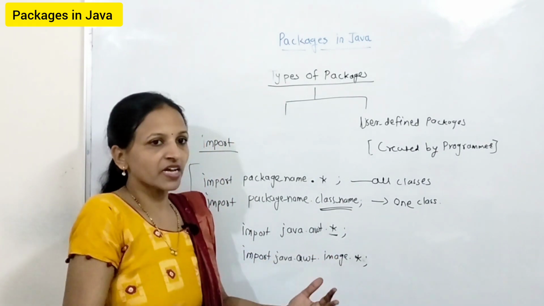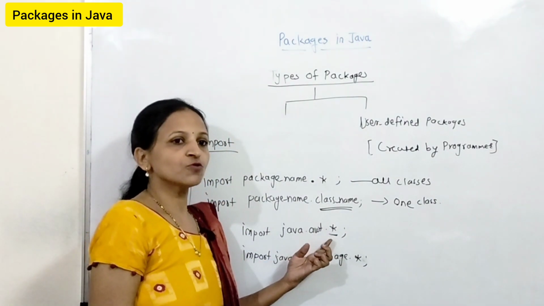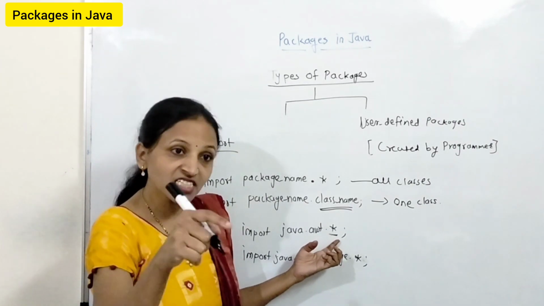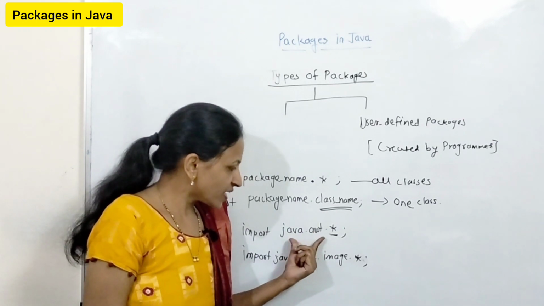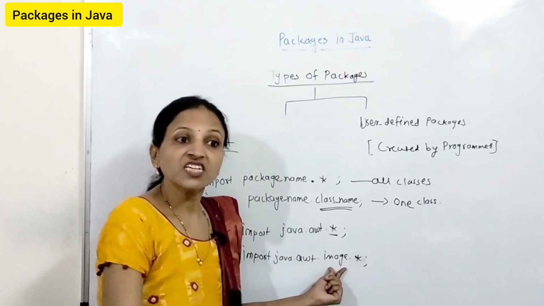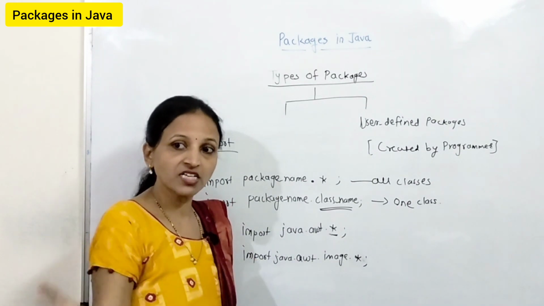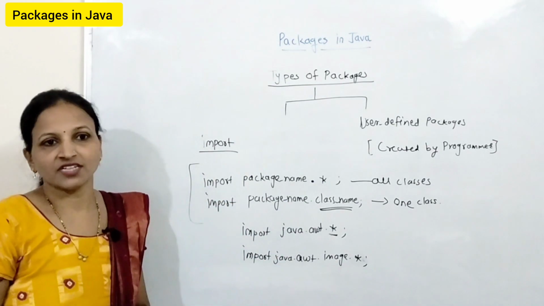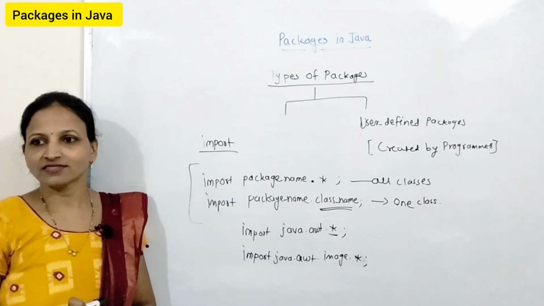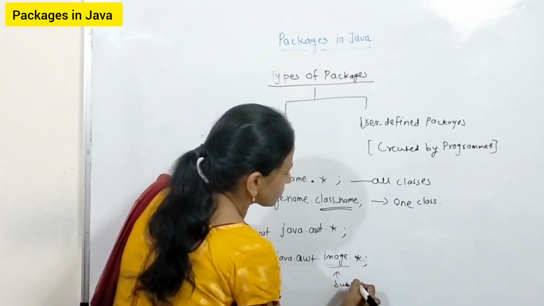A package can have sub packages internally. If you have written this statement, you can use only the classes from this main package. But this package is also having one image sub package inside it. If you want classes from that image package also, then you have to write both these statements. Here consider this image is a sub package.